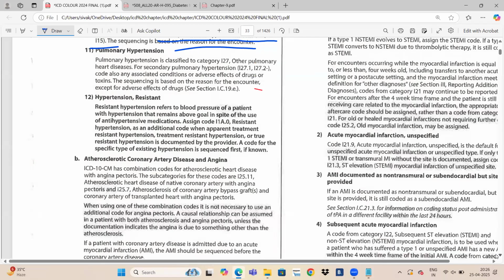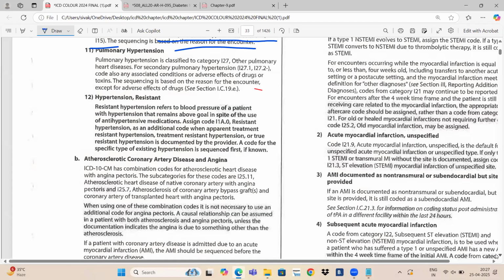Then pulmonary hypertension. If the patient has pulmonary hypertension, you need to code separately, I27 series, based on the type of pulmonary hypertension. So when hypertension is documented, first you need to check whether they gave any type of hypertension like secondary, transient, retinopathic, hypertensive crisis, urgency, pulmonary hypertension or portal hypertension.